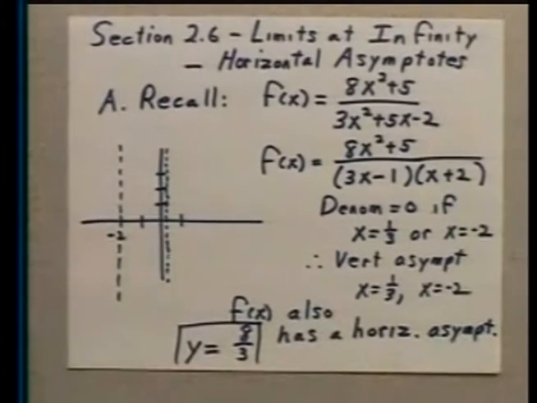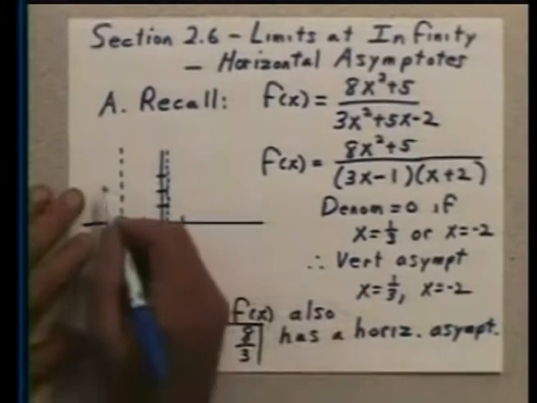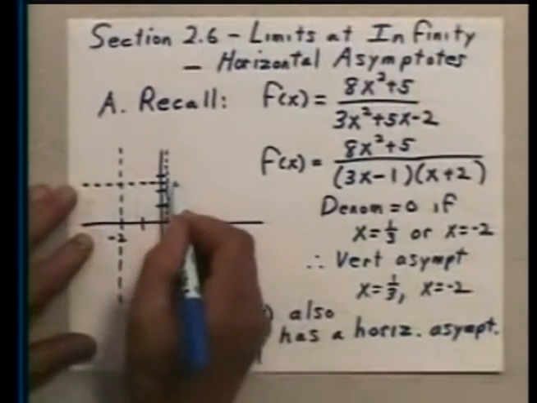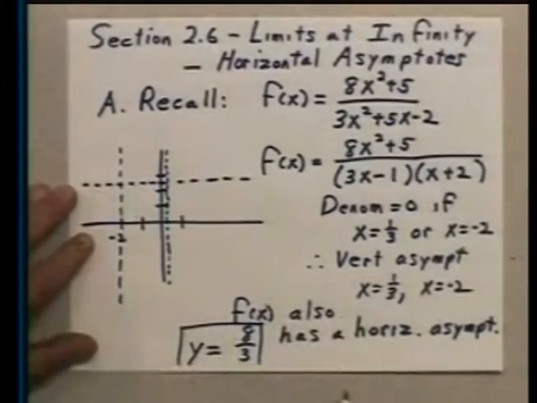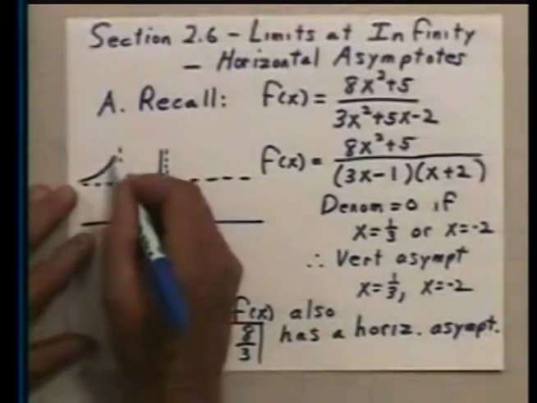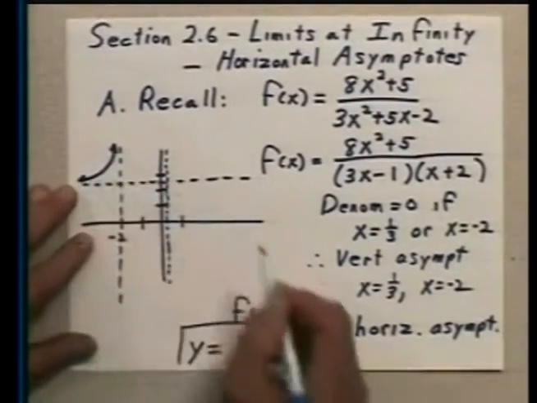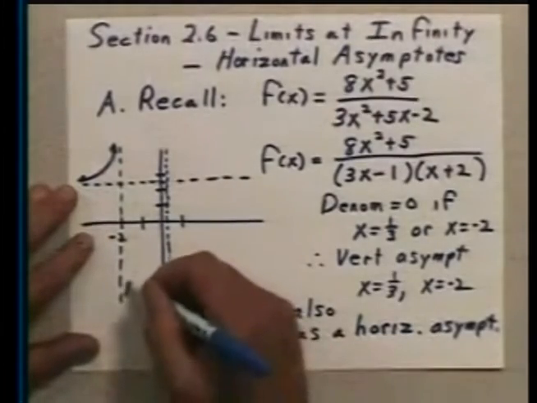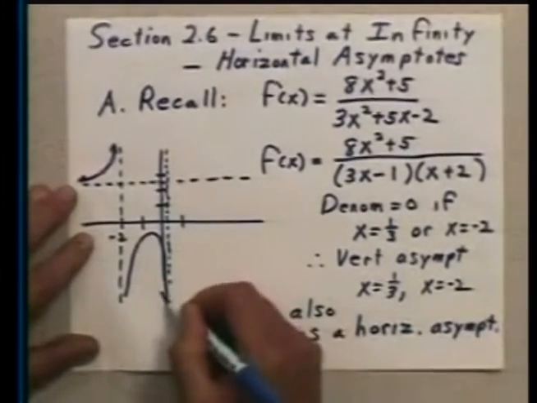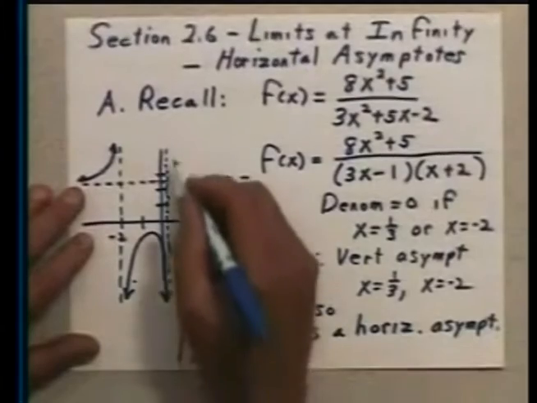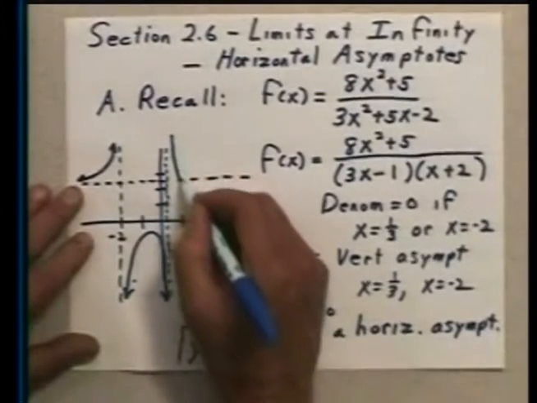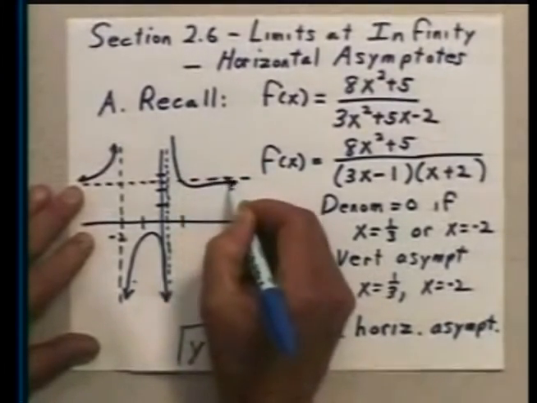Okay, so if I went to 8/3 here, which is about 2 2/3, right? There would be a horizontal asymptote through here. In fact, the graph actually does this. If you want to check it, and then it does that. And then on this side, it comes down and then comes back.